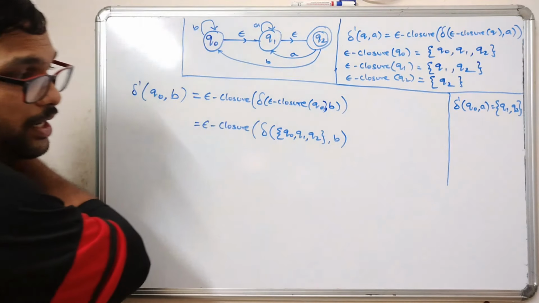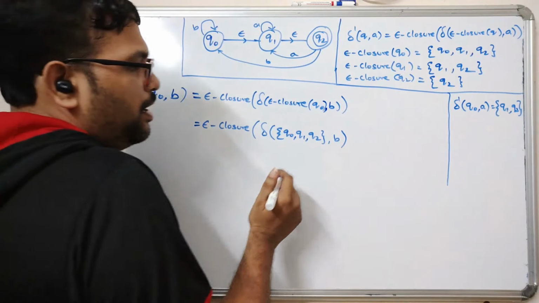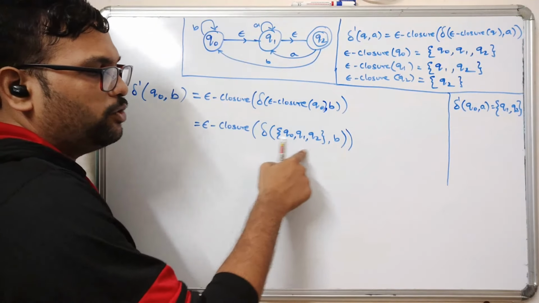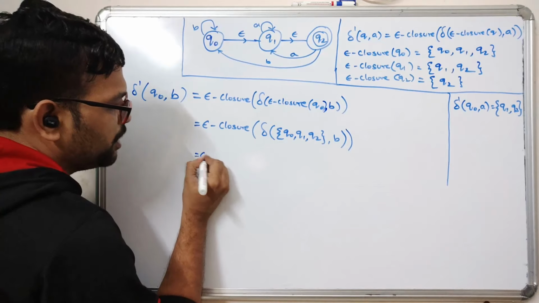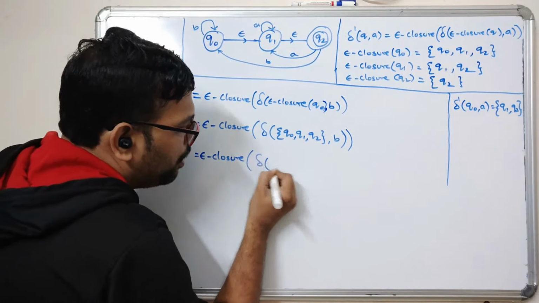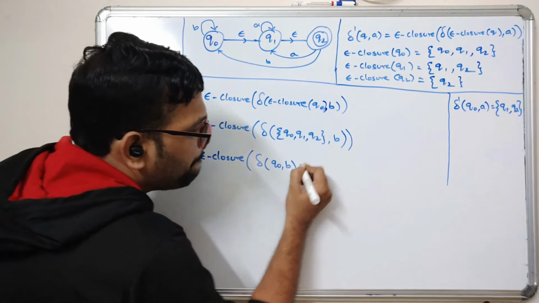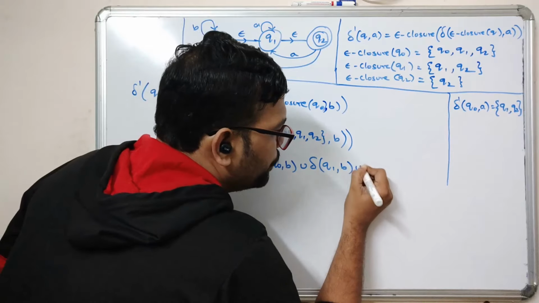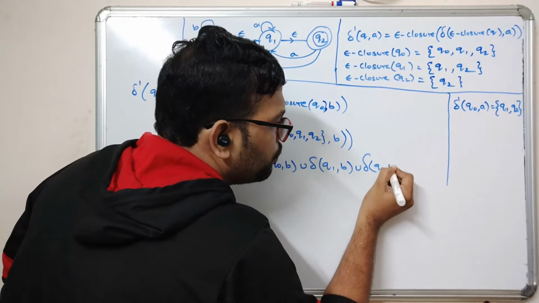Hope you understood this one, right? Again, we need to expand this one. Now you can observe here epsilon closure of delta of q0 on b, union delta of q1 on b, union delta of q2 on b.